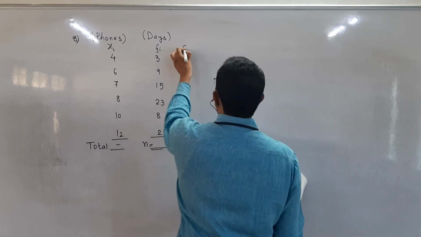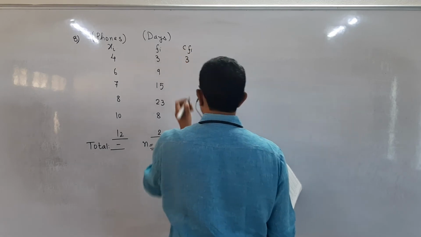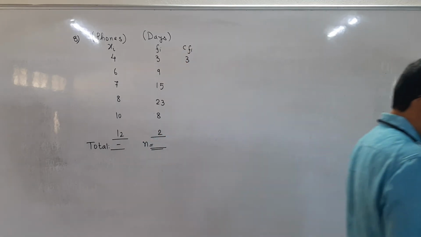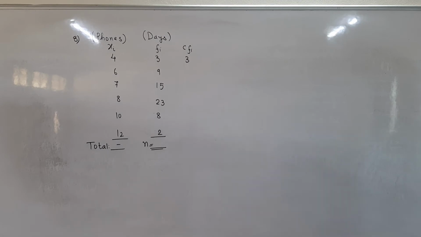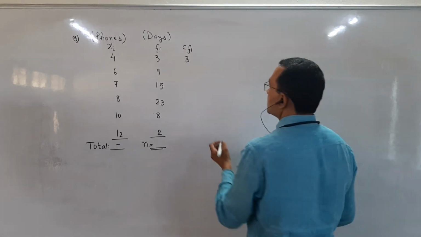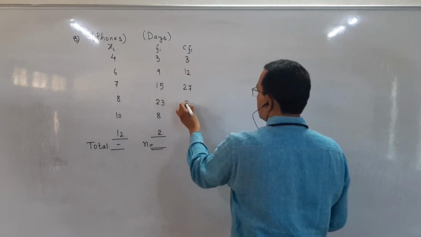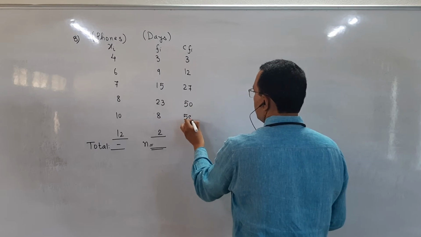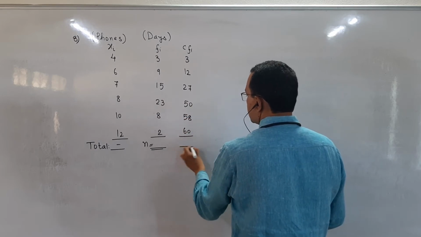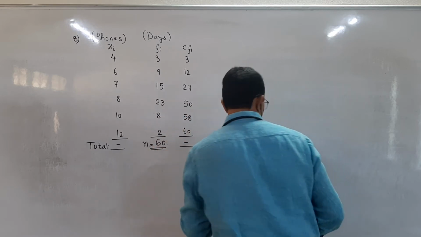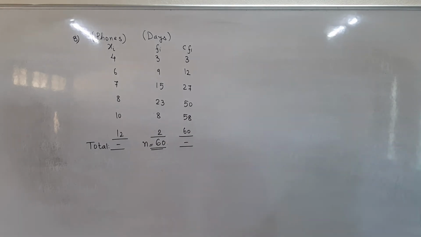To find positional measures we always name the column cumulative frequency, CF. 3 plus 9 is 12, plus 15 is 27, plus 23 is 50, 58 and 60. So the total of frequency is 60. We have to find D7 and P15.